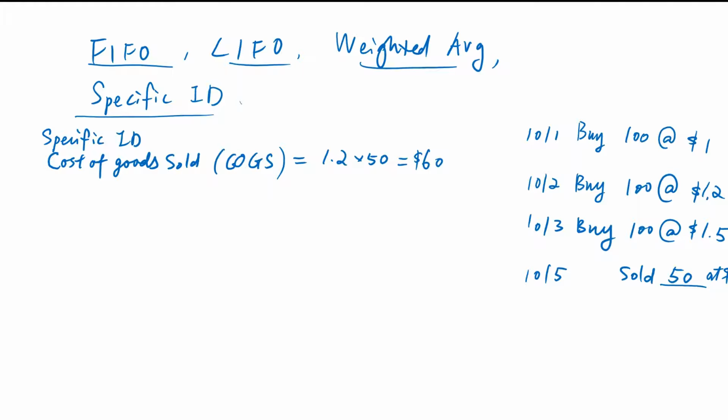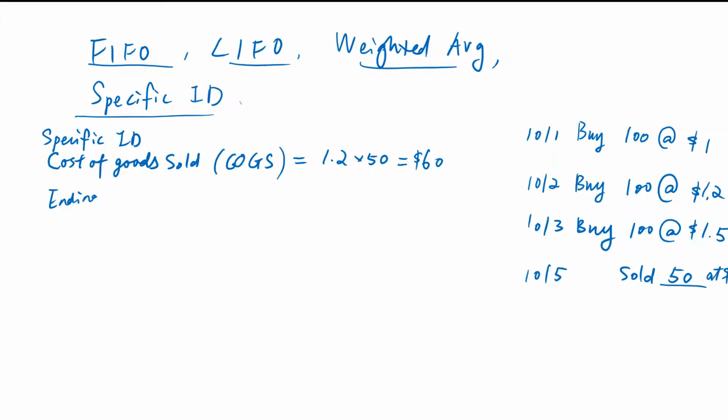This would be your cost of goods sold. And then how much do you have left after you sold it? Well, we had 300 apples. We sold 50 of them, so we have 250 apples left.